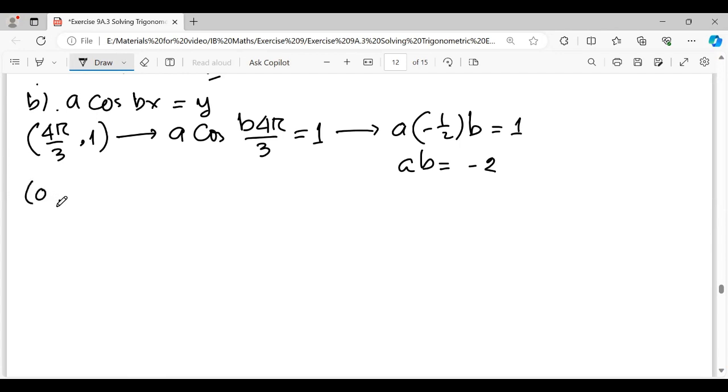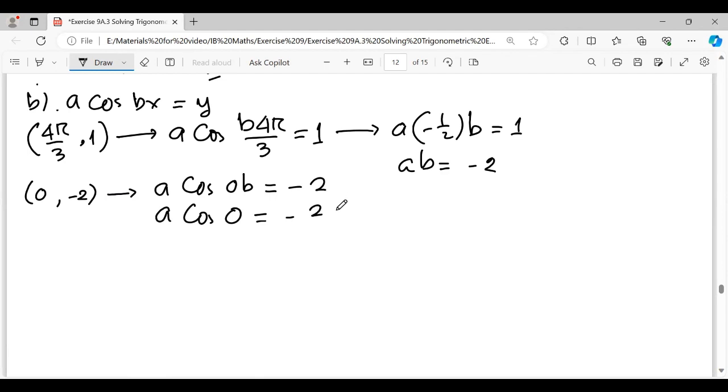If the coordinate point is 0, negative 2, the equation becomes a cosine 0 times b is negative 2, or a cosine 0 equals negative 2. So a equals negative 2 because cosine 0 equals 1.